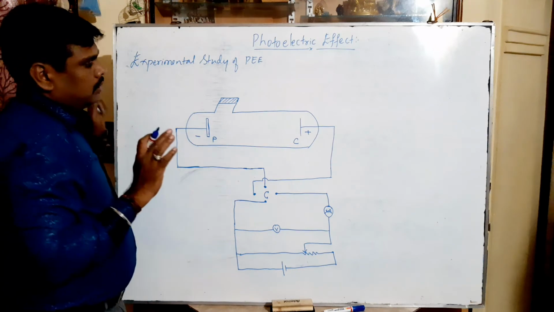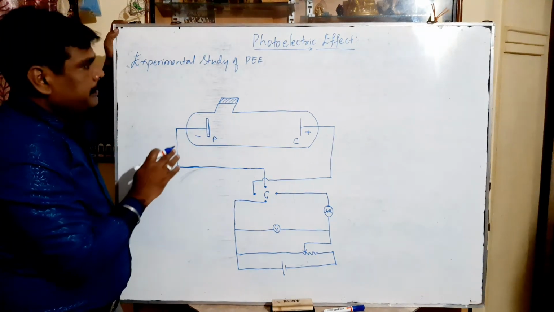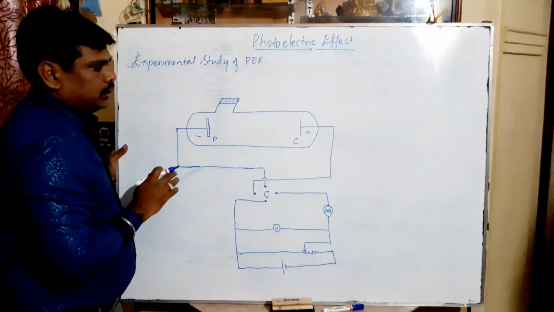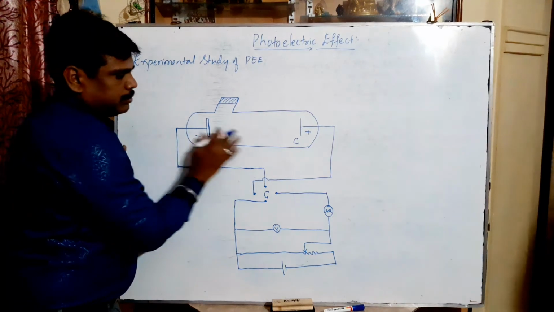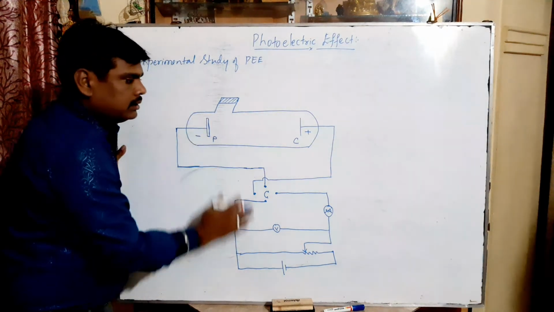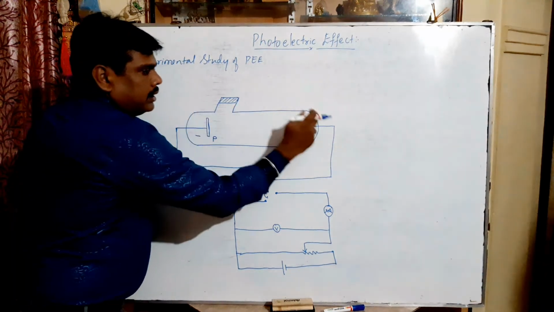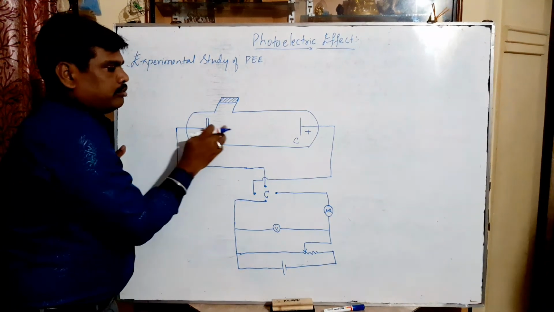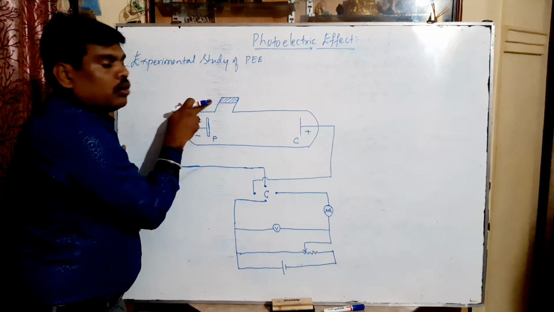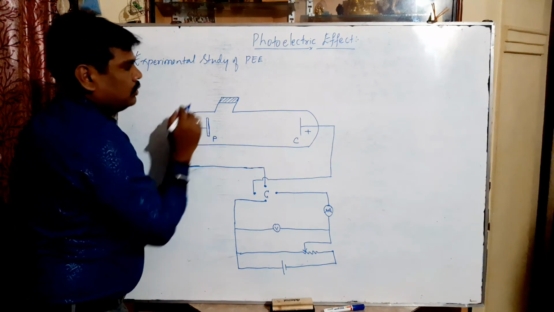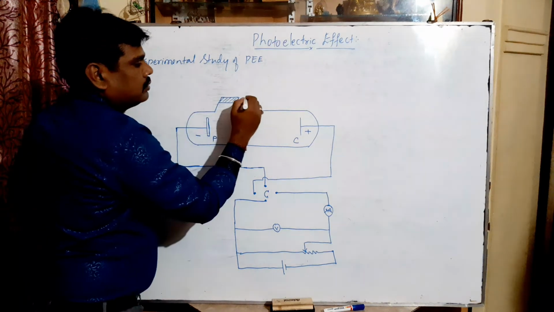I want to repeat the arrangement. Experimental study of the photoelectric effect. Here the experimental arrangement is as shown in the figure, which consists of an evacuated glass chamber provided with a quartz window.